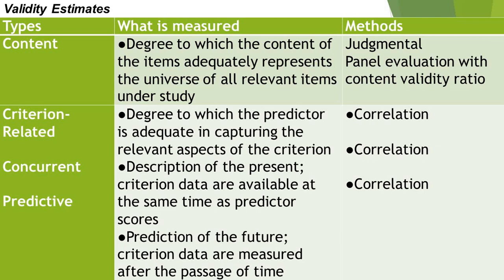Criterion-related: the degree to which the predictor is adequately capturing the relevant aspect of the criterion, or what we call criteria in your survey instrument. Concurrent: description of the present; criterion data are available at the same time as predictor scores. Prediction: of the future; criterion data are measured after the passage of time.